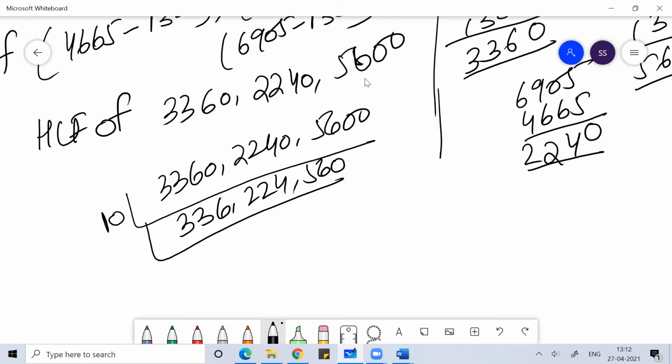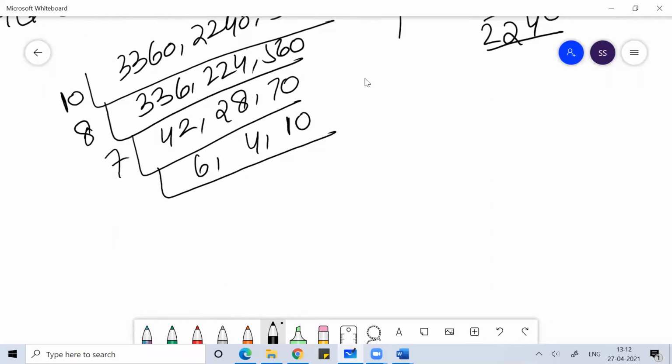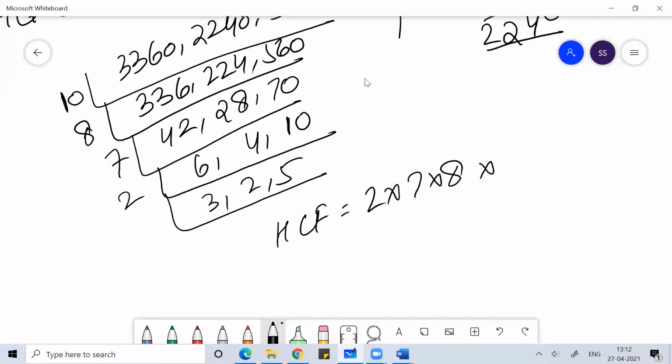Yes, it will go by 8: 42, 28, 70. Then it will go by 7: 6, 4, 10. Then it will go by 2: 3, 2, 5. Now 3, 2, 5 are co-prime numbers. So the HCF will be 10 into 8 into 7 into 2, which is 1120. The answer is 1120.